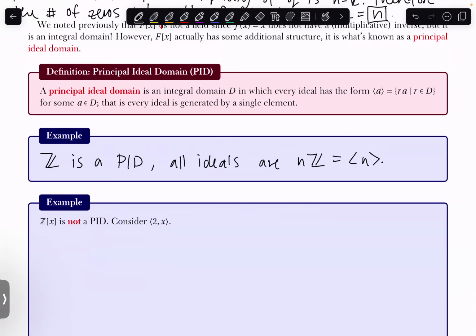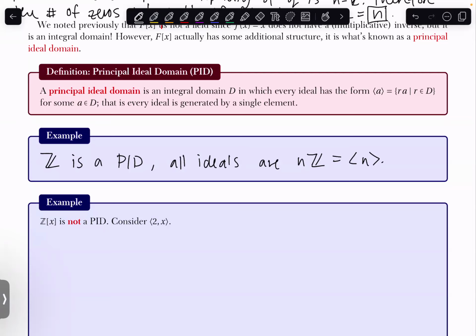So here, when I have the integers, which is an integral domain but not a field, it turns out that the polynomial ring is not going to be a principal ideal domain. Really, what we're going to look at is the ideal generated by two elements, which again, we didn't do too much on, but we can talk about what this means.